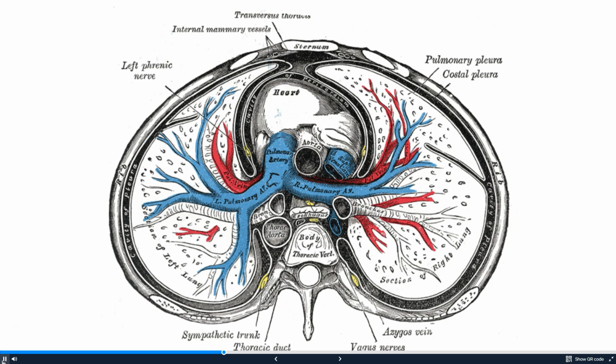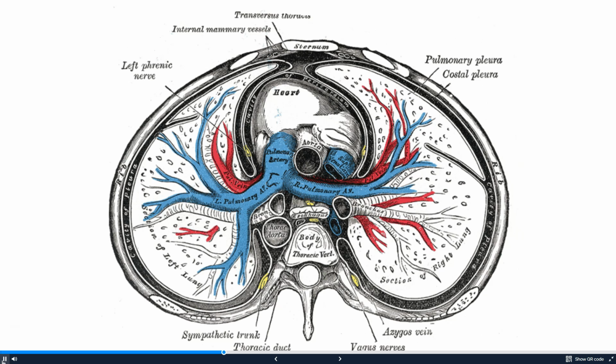This is a picture from the famous collection called Gray's Anatomy, and it's a look at the heart in the mediastinum from a superior view, and you can see where the aorta would be. It's been cut open, and the descending aorta is posterior to that.